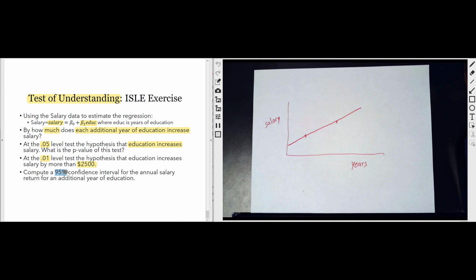And then finally, we're asked to compute a 95% confidence interval. So these are all repetitions of the various examples that we looked at in this module, but using years of education rather than years of working with the company.